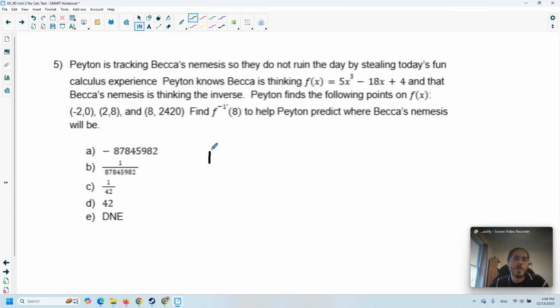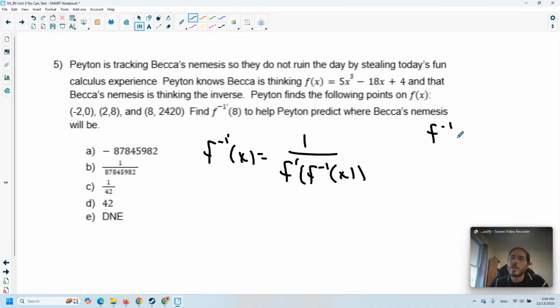So we're using the inverse formula. So f inverse prime of x is equal to 1 over f prime at f inverse of x. Remember, if you're used to the f's with the g's, f inverse of x is the same as g of x.